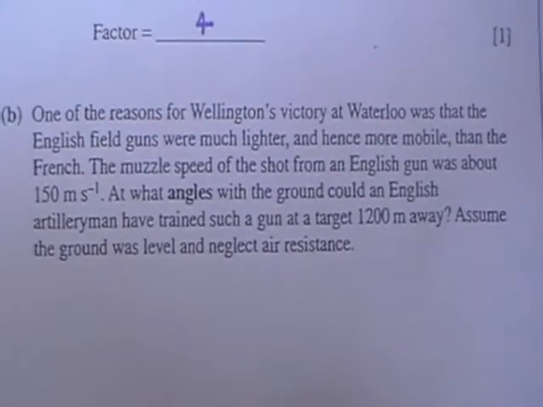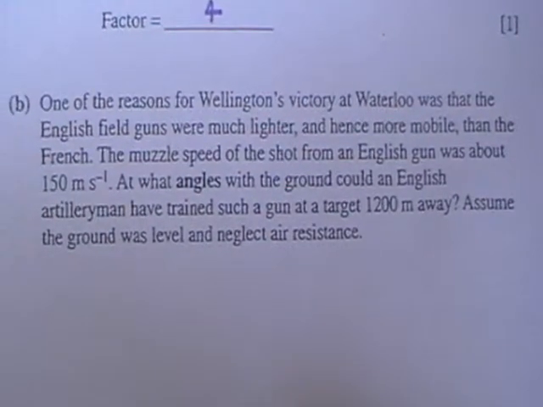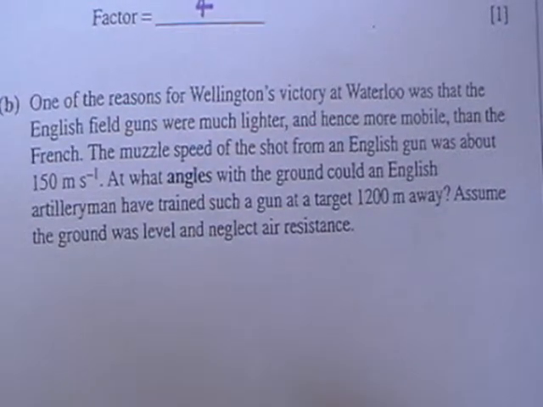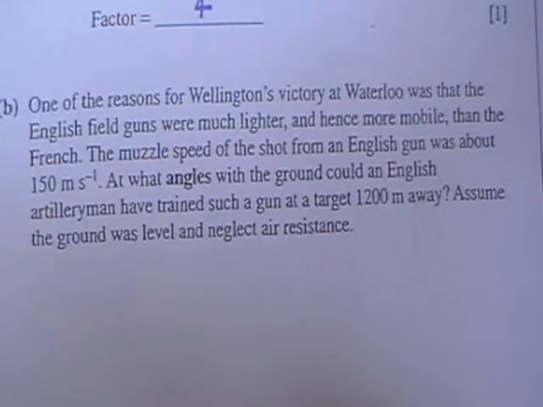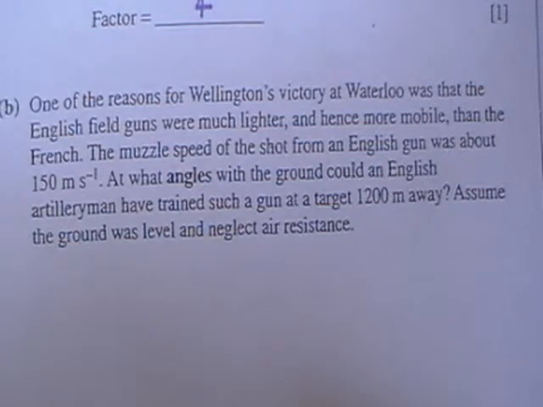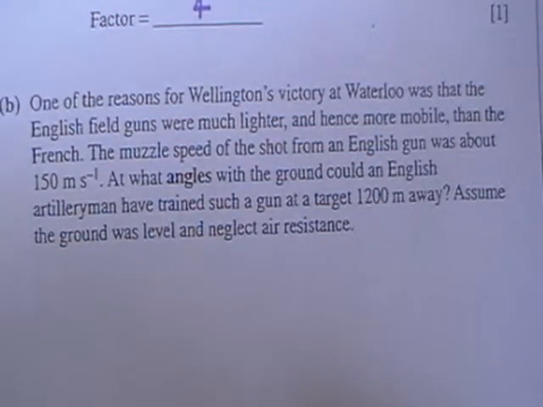One of the reasons for Wellington's victory at Waterloo was that English field guns were much lighter and hence more mobile than the French. The muzzle speed of a shot from an English gun was about 150 metres per second. At what angles with the ground could an English artilleryman have trained such a gun at a target 1200 metres away? Assume the ground was level and neglect air resistance.